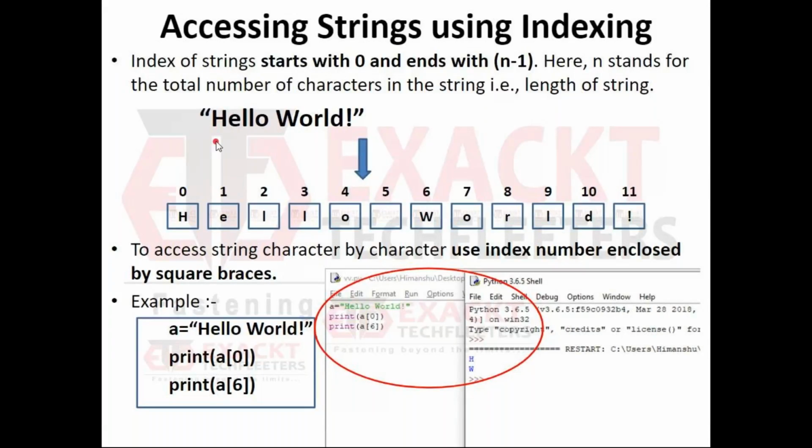In the first memory location, H will be stored. In the second memory location, E will be stored. In the third memory location, L will be stored. Likewise, every character is distributed among multiple locations. Multiple continuous locations, these are not random. And every memory location is assigned some address.